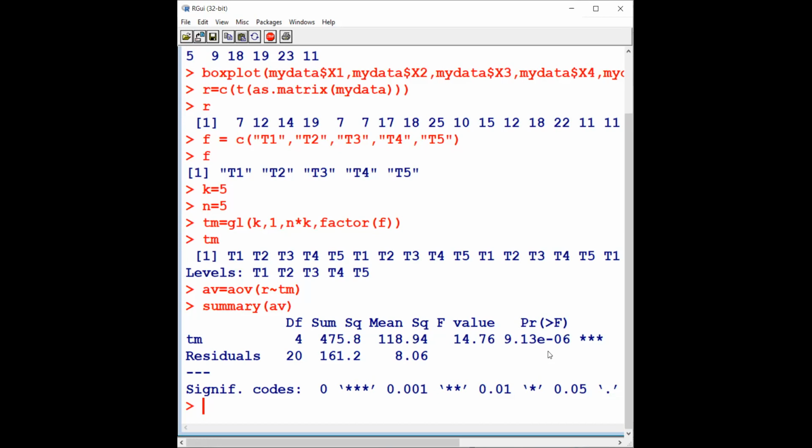So in this case, when you find there's a difference between these treatments, since we are interested in the strength, let's say you are the engineer, and you want to select the best cotton percentage for your fiber. We already know that due to the cotton percentage, the strength is different.